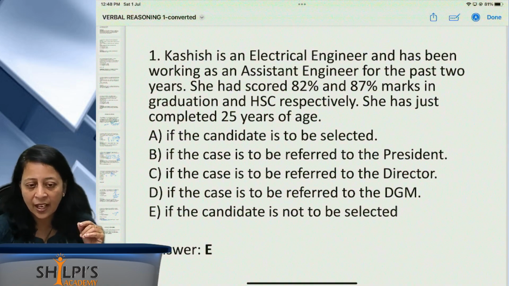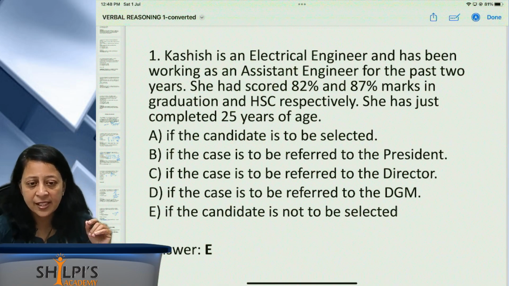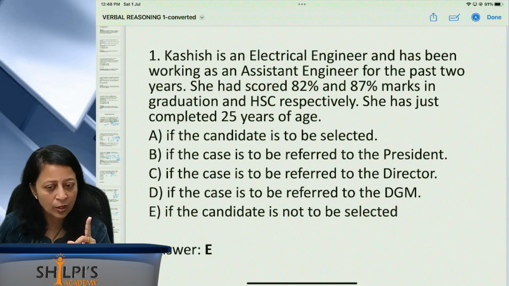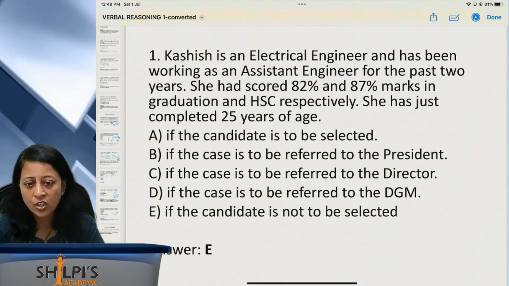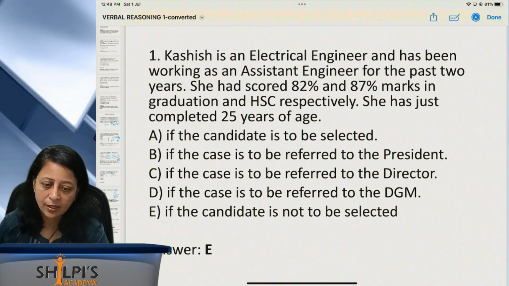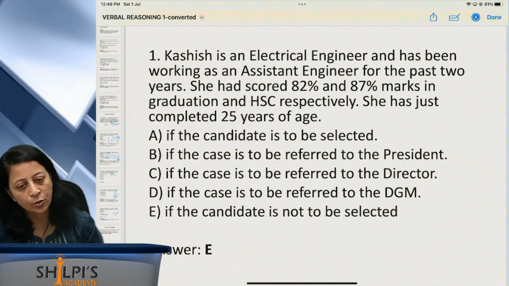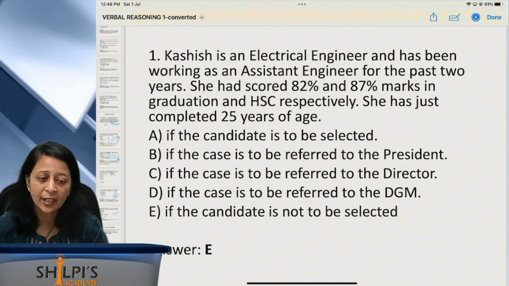Kashish is an electrical engineer and has been working as an assistant engineer for the past 2 years. The criteria is only 1 year, so that is okay. She has scored 82 and 87. She has just completed 25 years. So the second condition is satisfied because they needed only 1 year of experience.